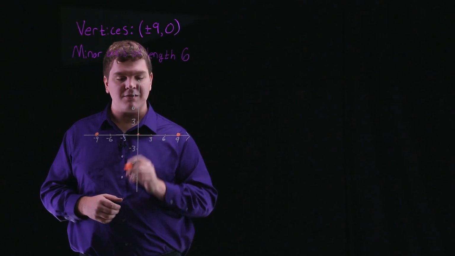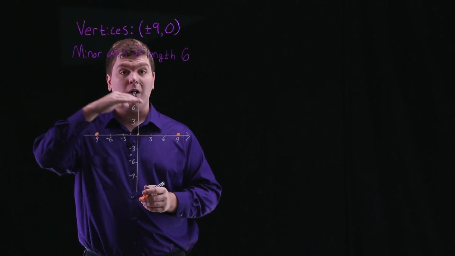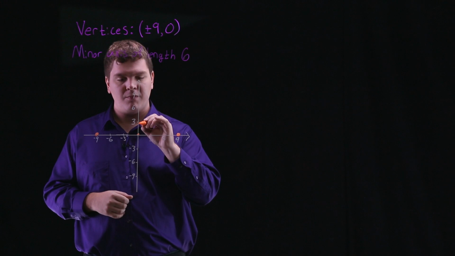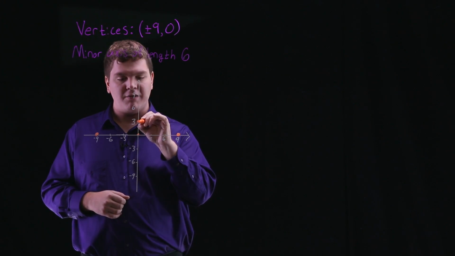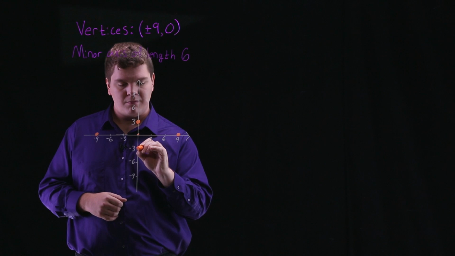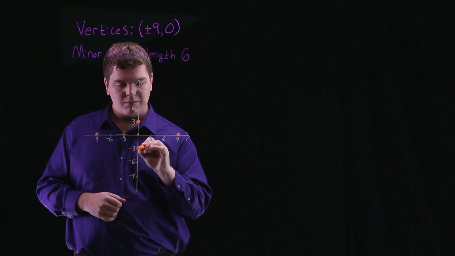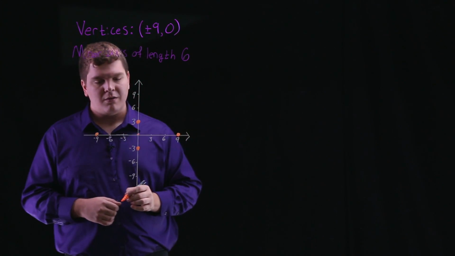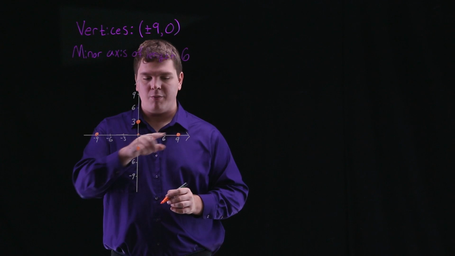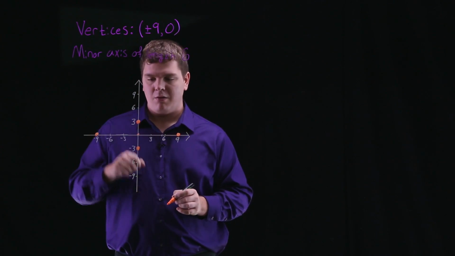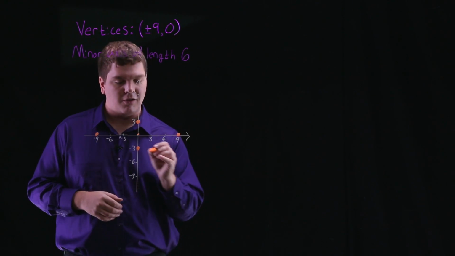So if we want the axis to be 6 units, we'll have to go up 3 units from the origin, and come down 3 units from the origin. Now if we connect these 4 points, we'll have a rough sketch of our ellipse.